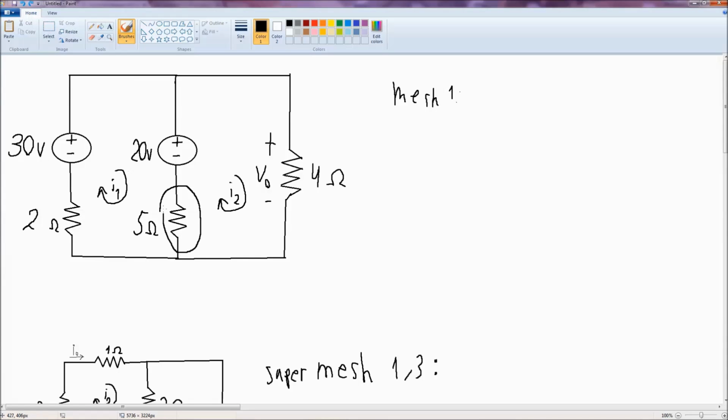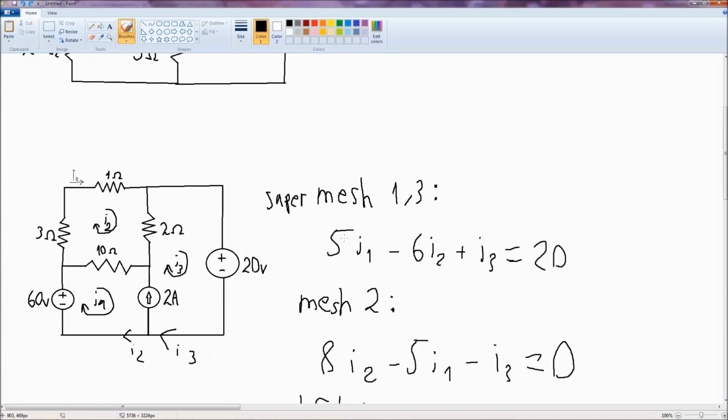But when you get here you will need to put something like 5 I1 minus I2, but if you're solving for mesh 2 and you're here, you would want to put something like 5 I2 minus I1. So that's one important point. And another important point is that if you have a current source between the meshes, you get the supermesh, and you should put down an equation something like this.